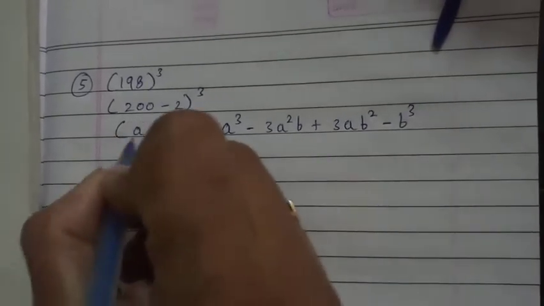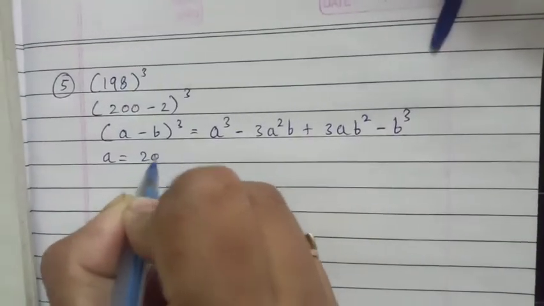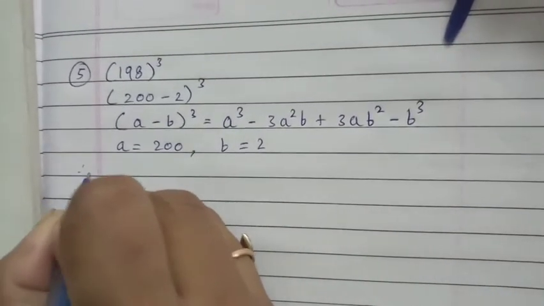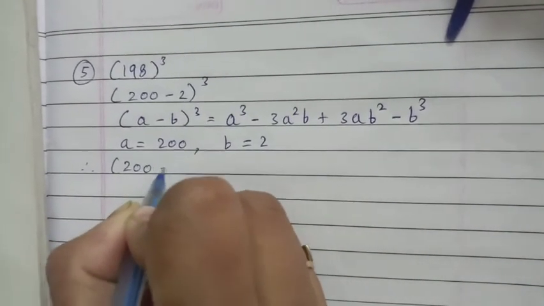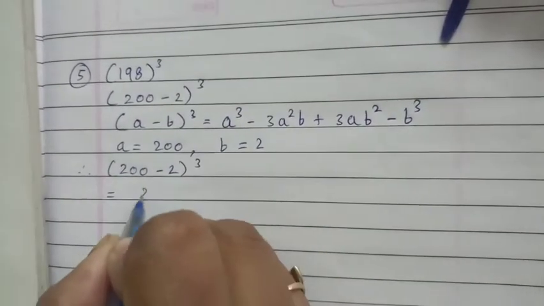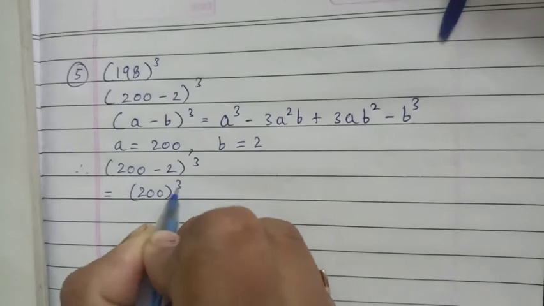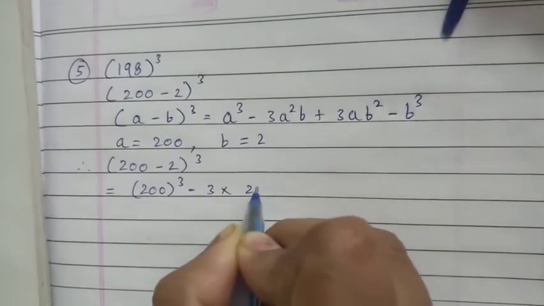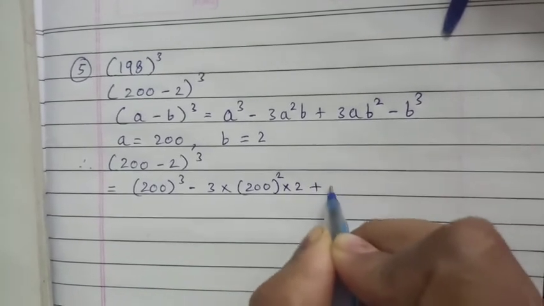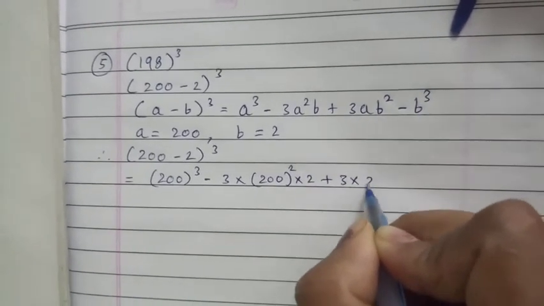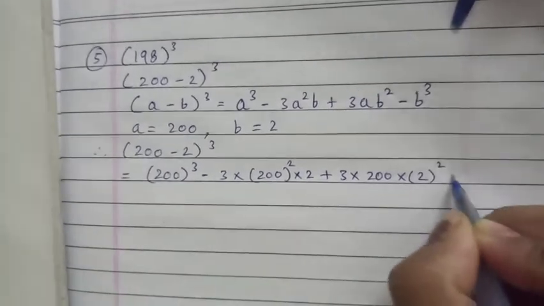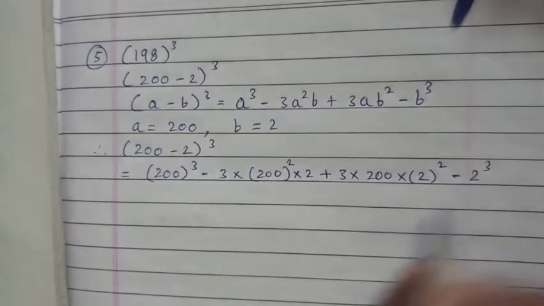Now compare the values. a is equal to 200 and b is equal to 2. Now put the values in the formula. Therefore 200 minus 2 whole cube is equal to a cube, that is 200 cube, minus 3 into 200 square into 2 plus 3 into 200 into b, which is 2, so 2 square, minus 2 cube.